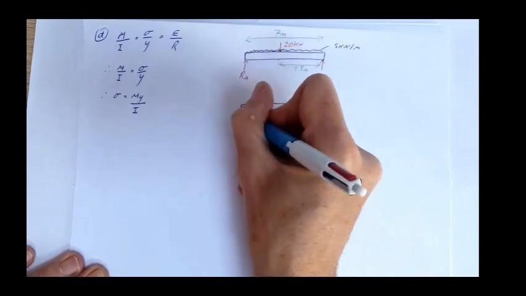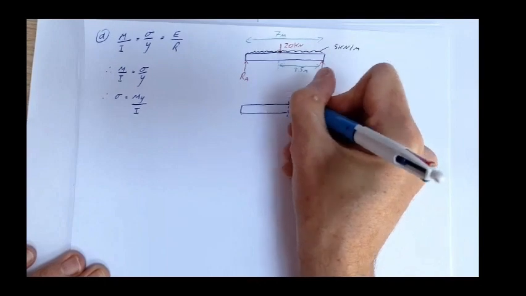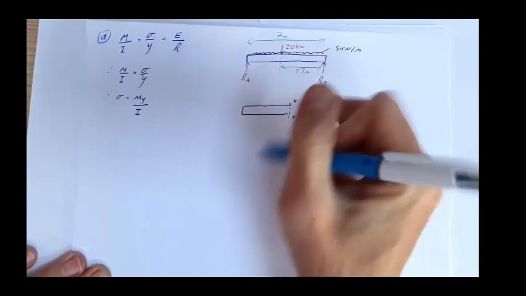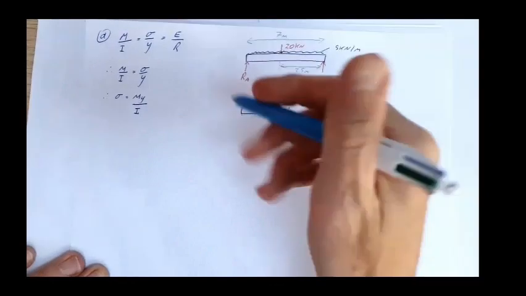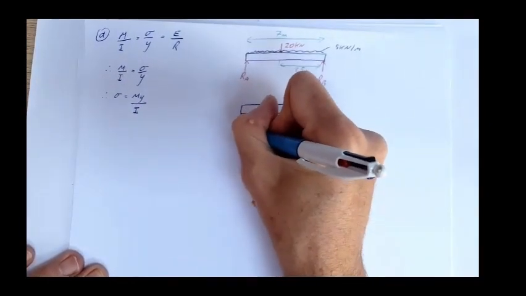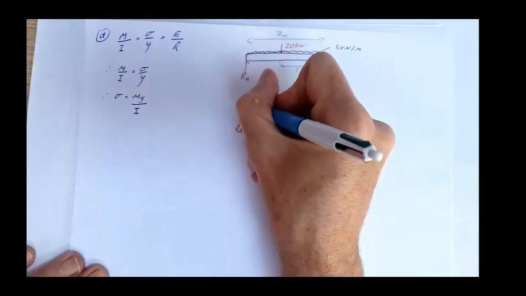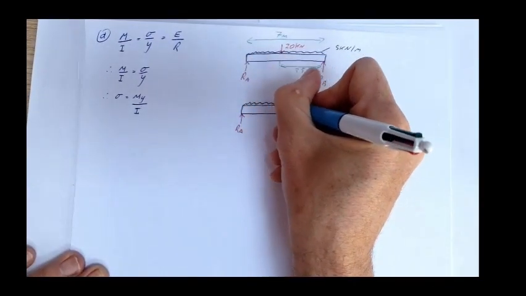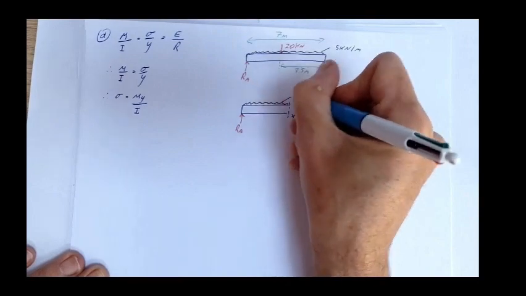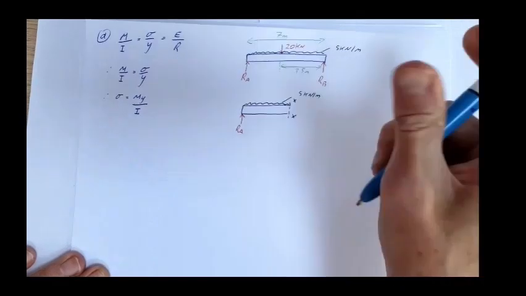So if I draw the center of the beam there, XX, what have we got? We've got RA, and we've got a portion of our UDL, 5 kilonewtons per meter.